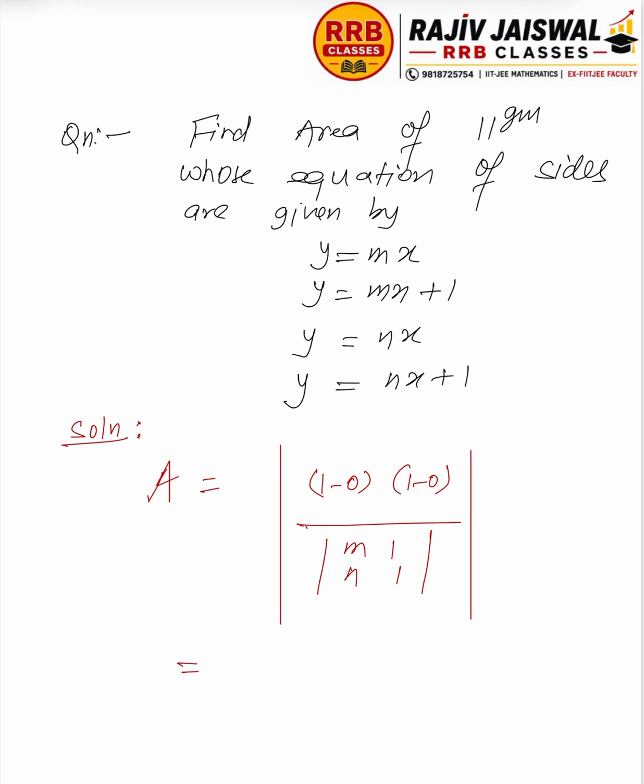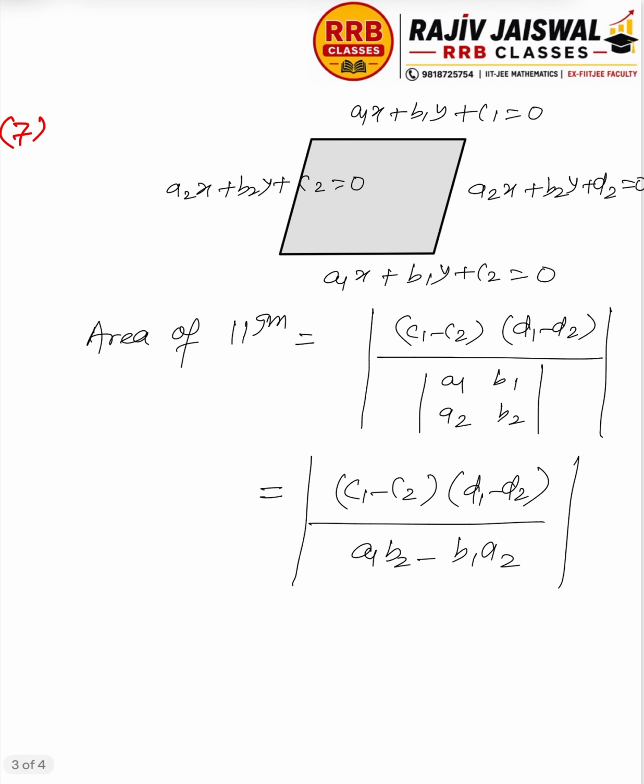So finally the area is 1 upon the mod of m minus n. So this is the area of the parallelogram whose equations of sides are known. We can easily find the area of the parallelogram if the equations of sides are known using the previous formula. Now let's move to the next point.